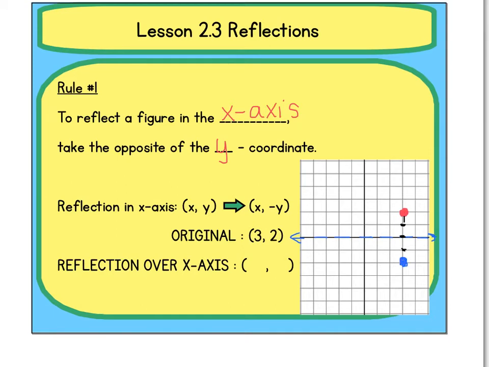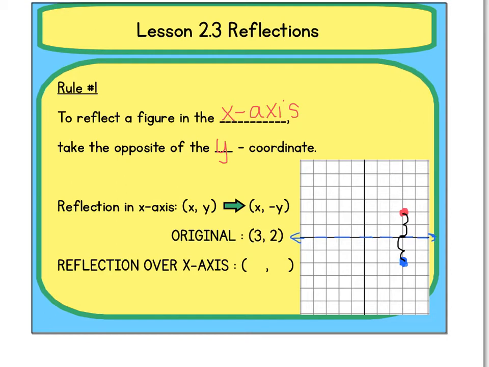You'll notice that both the red and the blue point are 2 units away from the x-axis. So you'll notice I have 1, 2 spaces, and 1, 2 spaces. Because they are an equal distance apart, I have now reflected it across the x-axis.